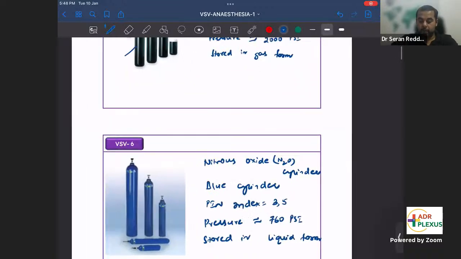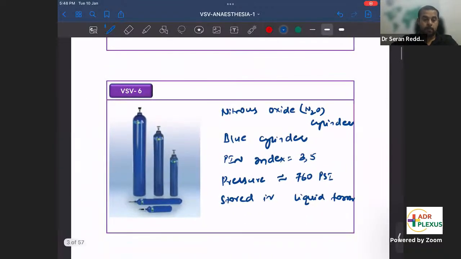This is about the nitrous oxide cylinder.